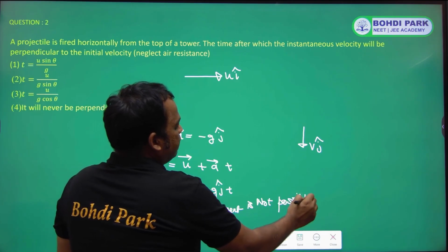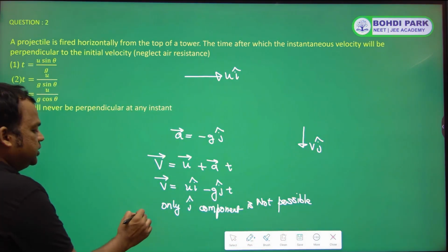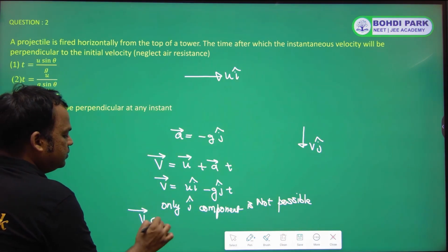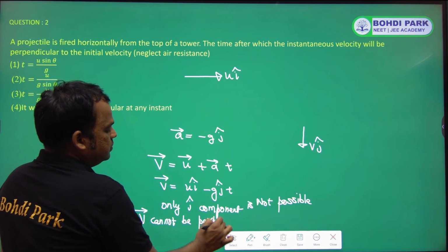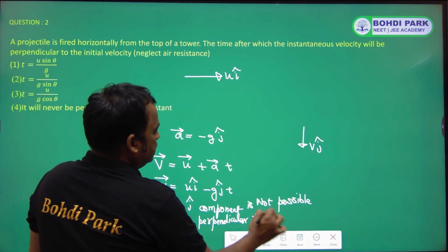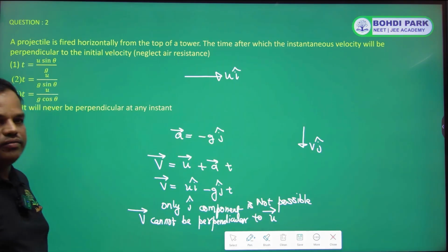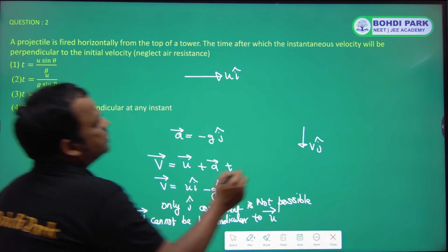So the final velocity cannot be perpendicular to the initial velocity. So the v vector cannot be perpendicular to the u vector, and we can also check this because the path followed is a parabola.